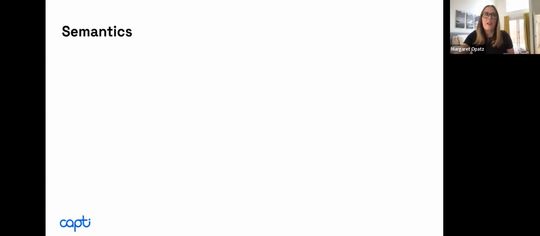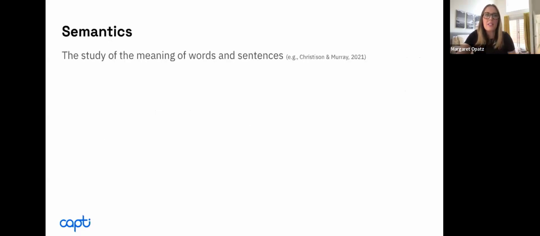So syntax is really like knowing that word order. Semantics is different. It's really the study of the meaning of words and sentences, which I think is a lot more of a common practice, like the comprehension. But really, when we think about semantics, it's being able to understand the words, but then how those words work together within a sentence.